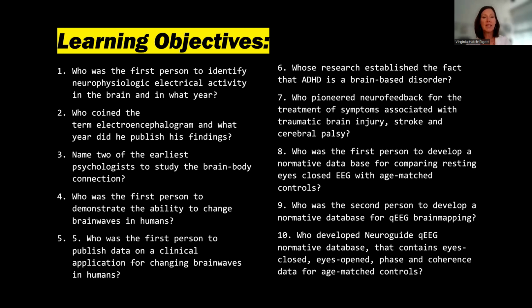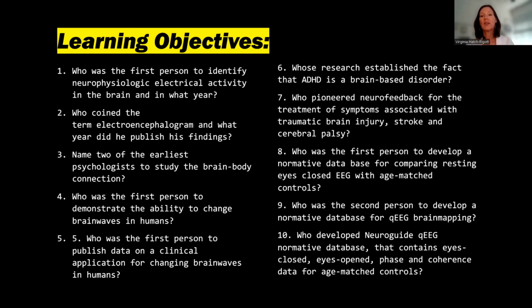Number 3, name 2 of the earliest psychologists to study brain-body connection. Number 4, who was the first person to demonstrate the ability to change brainwaves in humans? Number 5, who was the first person to publish data on a clinical application for changing brainwaves in humans?